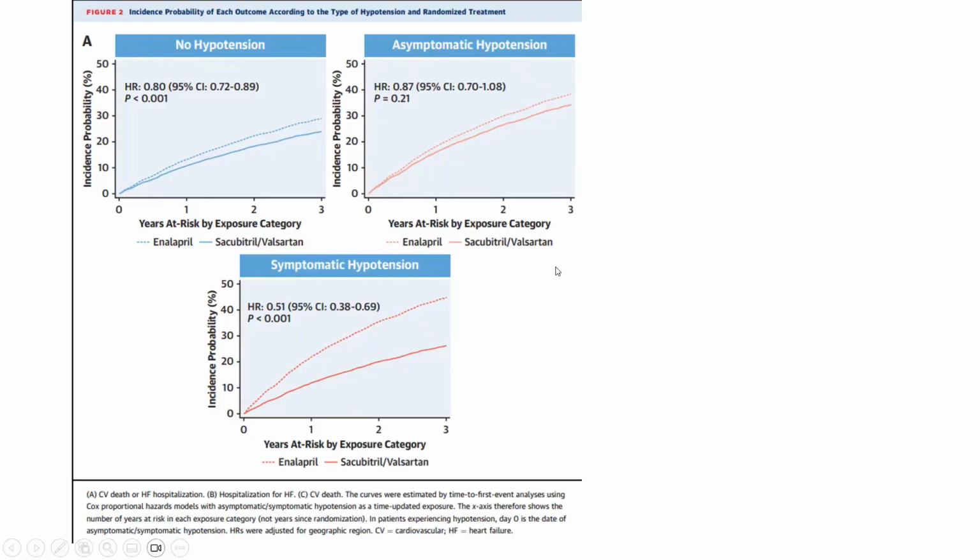In fact, in this post-hoc analysis of the PARADIGM-HF trial of ARNI versus ACE inhibitor, patients who experienced hypotension with therapy derived the largest benefit from ARNI compared to ACE inhibitor therapy. But again, avoid starting it if the baseline blood pressure is low, less than 100, as suggested by PARADIGM-HF and the LIFE trial.